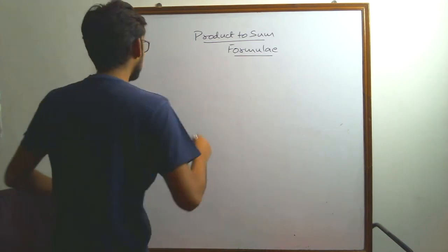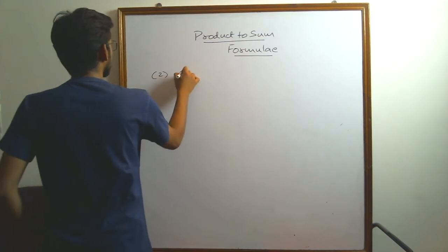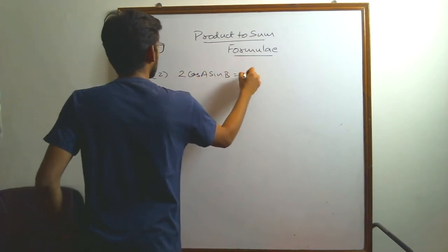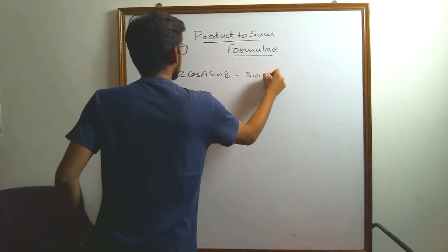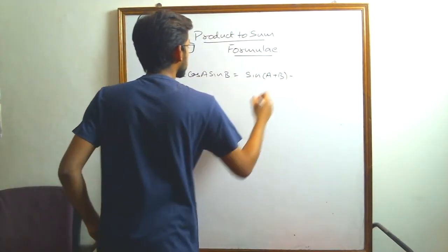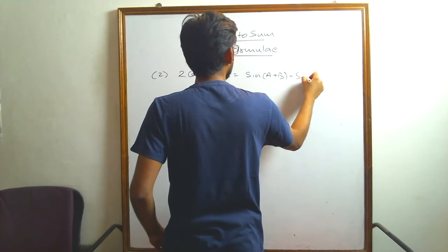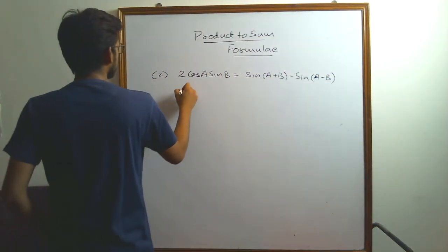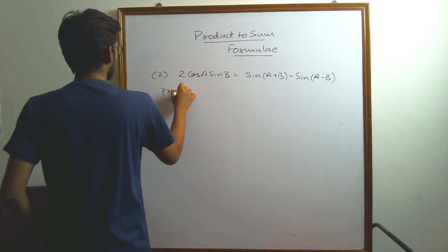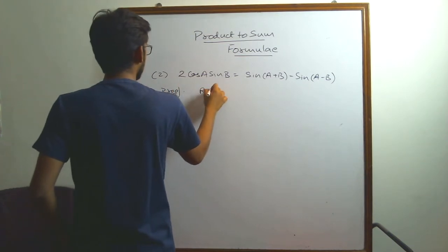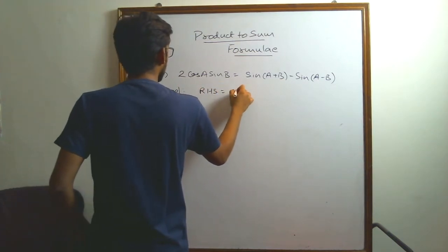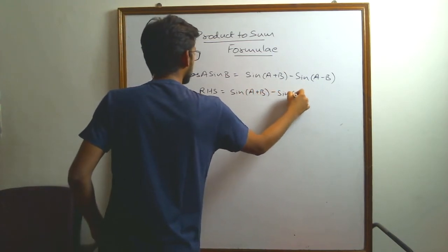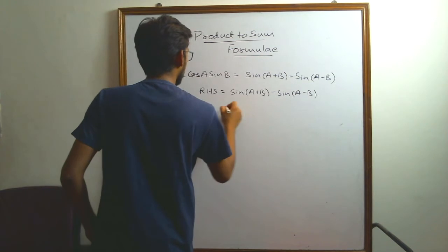Alright, the second formula is 2 cos A sine B, which is equal to sine A plus B minus sine A minus B. Proof for this is, again we proceed from RHS, that is sine A plus B minus sine A minus B. Now open them.